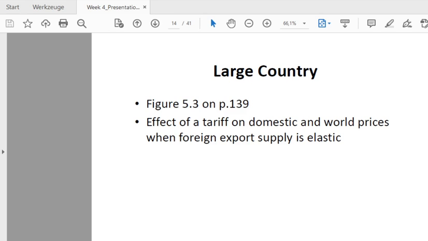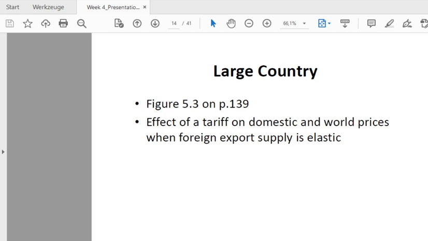Now, summarizing, we have a loss of welfare in the small country if the small country introduces a tariff. The losses are borne by the consumer.